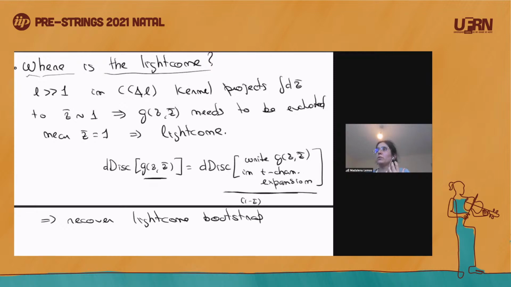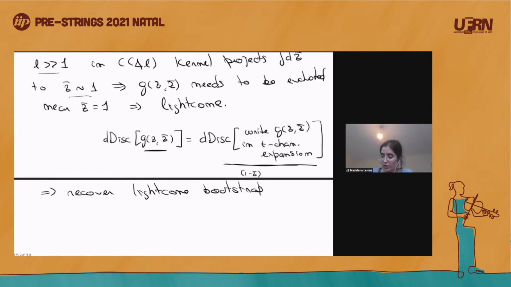But we can do better now because we actually have the whole inversion formula. So there's no need to take Z bar to 1 and L large. We can just extract the contributions to C delta L of given T-channel operators at finite L, so not taking the Z bar to 1 limit. We don't need an asymptotic expansion anymore.